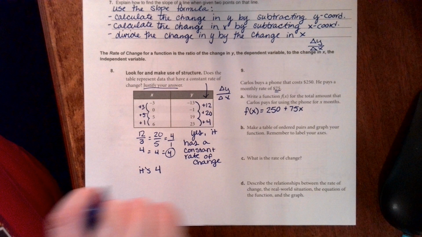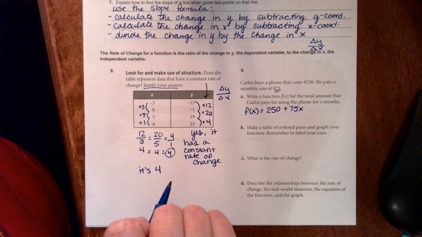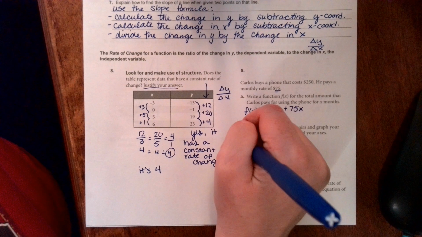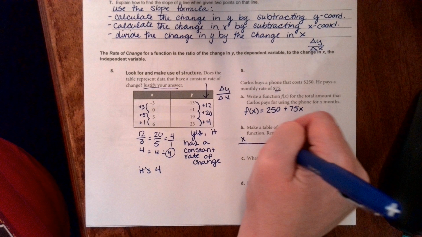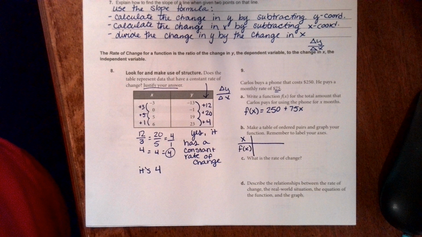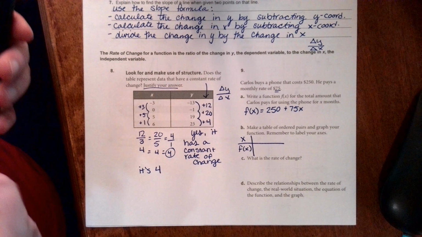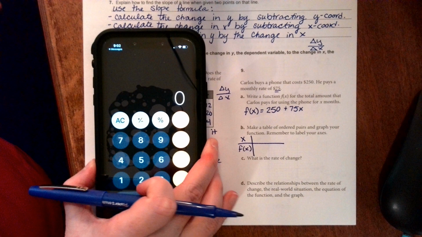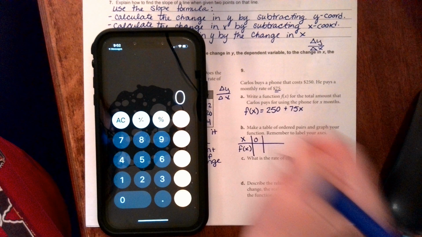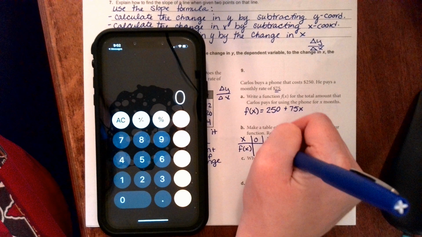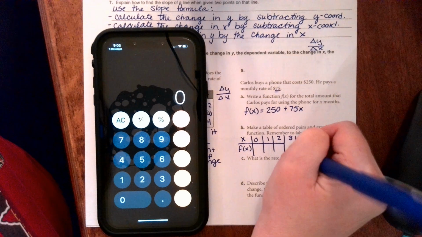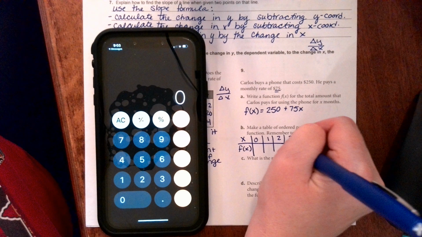B, make a table of ordered pairs and graph your function. So I'm going to make a quick little table. We're going to do x and f of x. Let me pull up my handy dandy calculator. Okay. So, and we'll just pick 0, 1, 2, 3, 4, and 5. Why not? We'll just go all the way to 5.